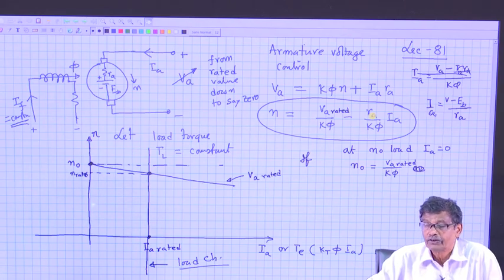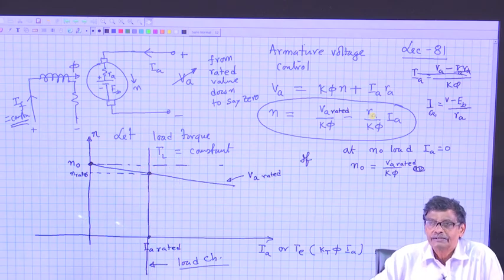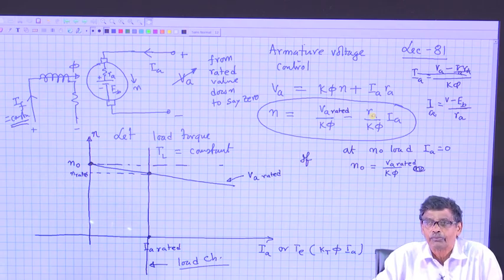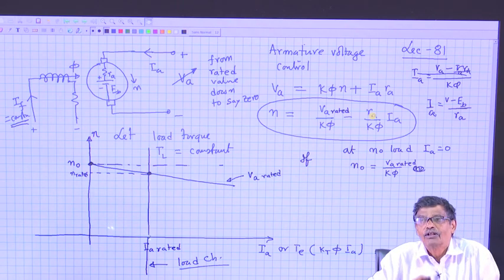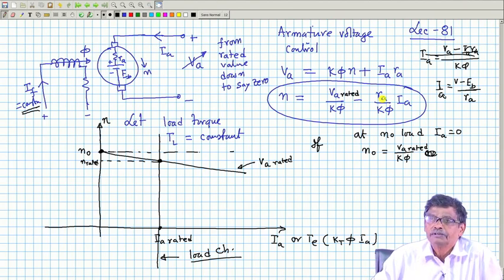If electromagnetic torque decreases, but I have assumed load torque is constant, then load torque will exceed the electromagnetic torque and these two act in opposition. So, speed will fall. Will speed fall indefinitely?